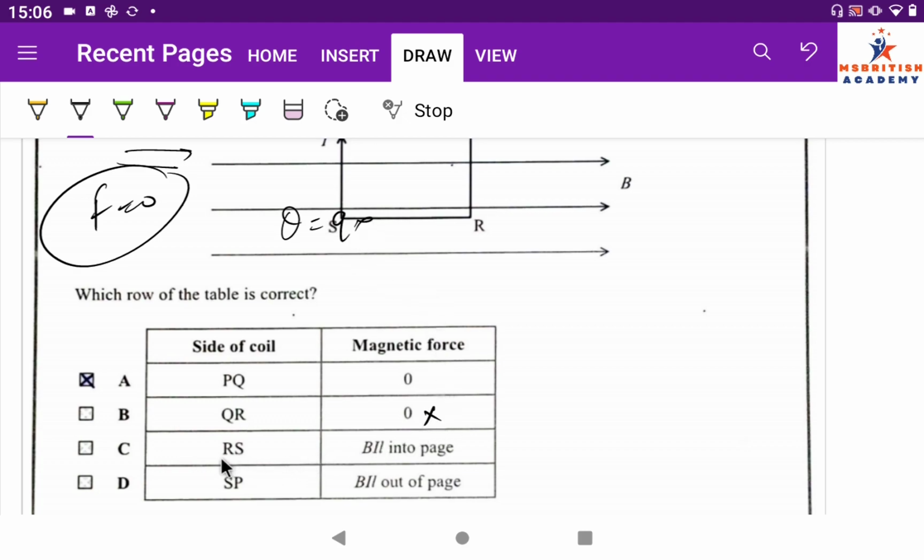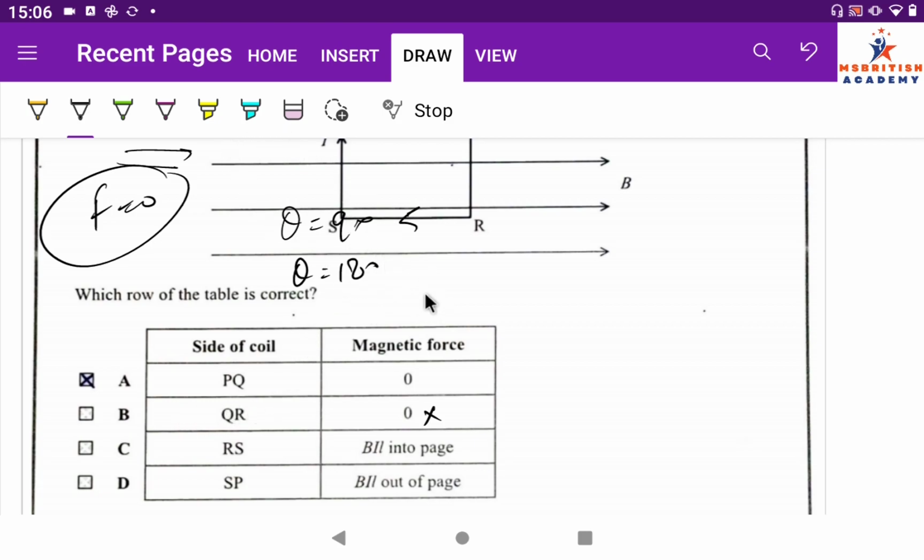So that is wrong. In the RS case, it is anti-parallel because of the direction of current in RS, so the theta value is 180 degrees. Why 180?